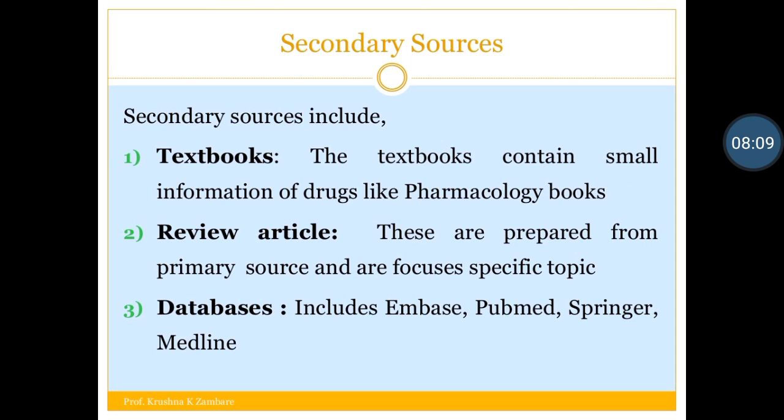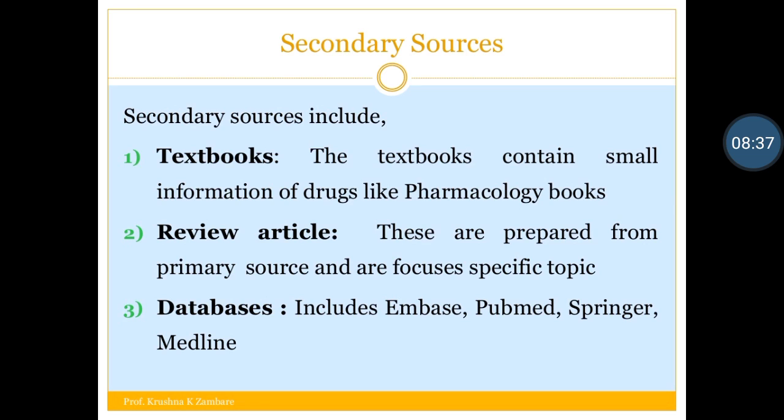Textbooks contain small information on drugs, like pharmacology books. Small content means only what is useful: pharmacokinetics, pharmacodynamics, adverse effects, side effects, and its whole activity and use. Generally we can say it is large information, but in terms of research level this information is very small.